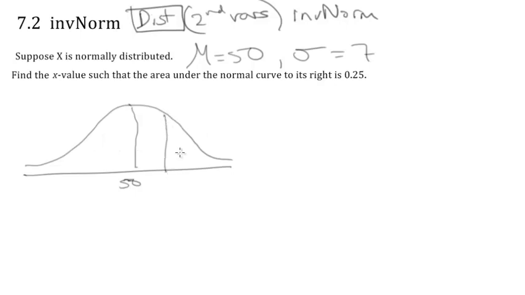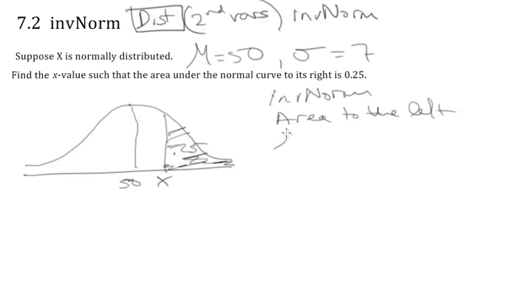So 2.5% is going to look something like that. So this is the x value that I'm trying to find, and the area of this shaded area here is 0.025. Well, my calculator wants inverse norm. It wants area, but when it says area, it means to the left.